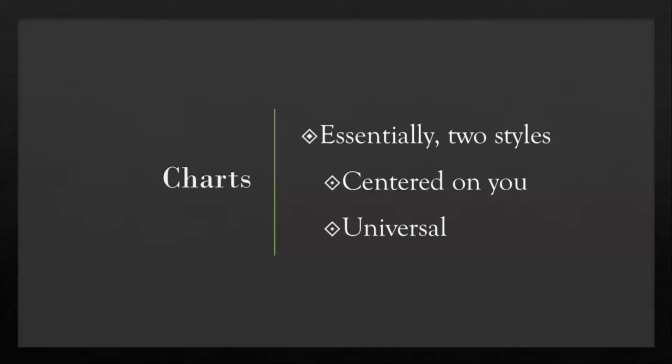So do I really understand my cousins? If you think of the charts as falling into two styles, there are ones similar to the one we just used, which are centered on you. There's a place for you on that chart, and then we're talking about how people are related to you.